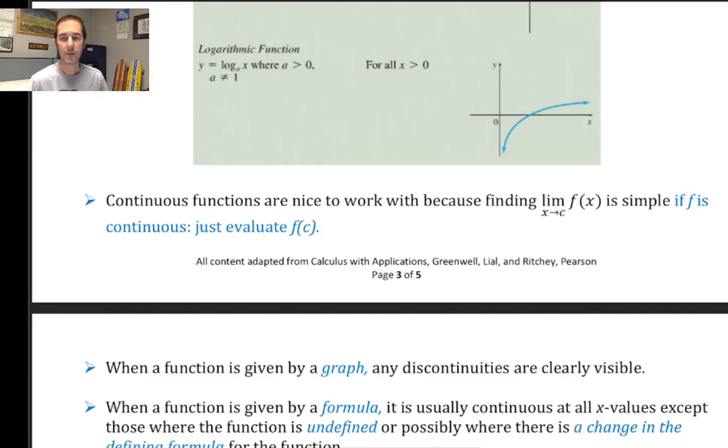So if you have a continuous function, or you can make the function continuous, then you can evaluate the limit by direct substitution. Here you can see that we've got the limit as x approaches c, and if it's a continuous function, then that limit is equal to f of c. Just plug that c value directly into your function.